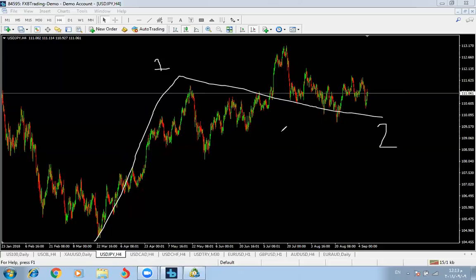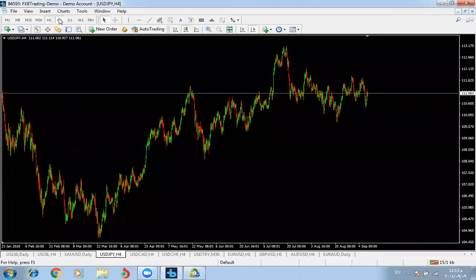Now let's move into lower time frames so that we make things more clear and show you how we can make our trades. Let me do the 1 hour time frame.